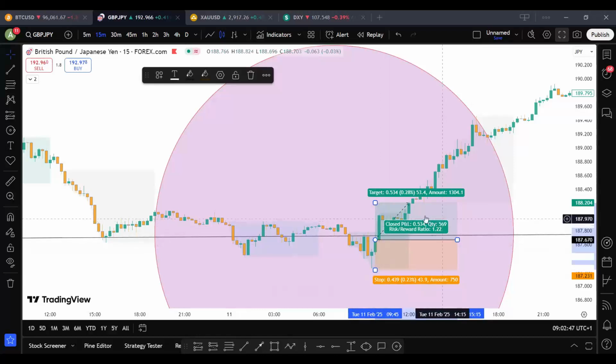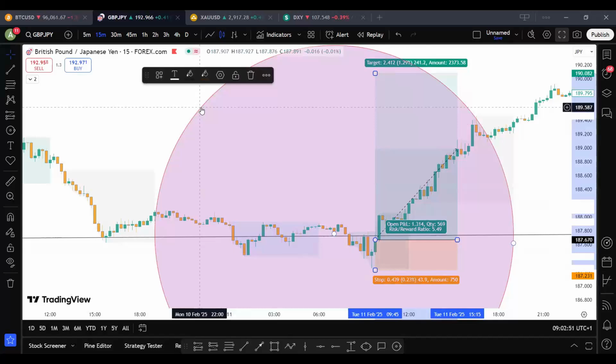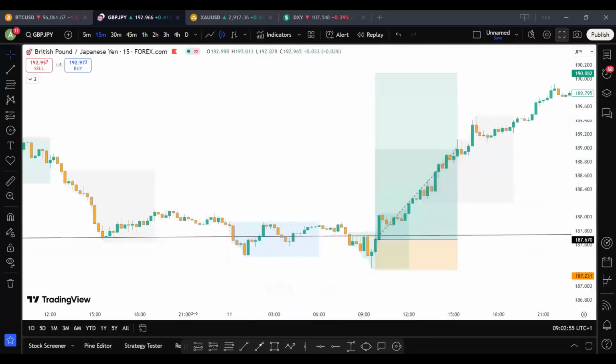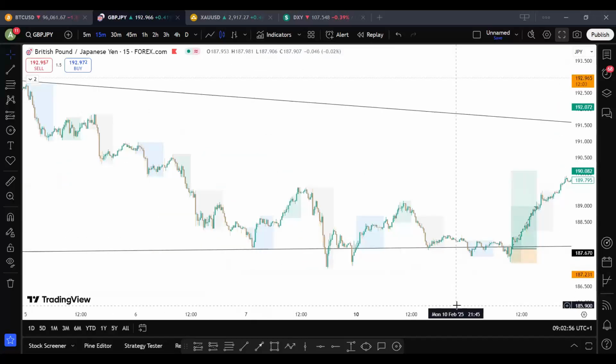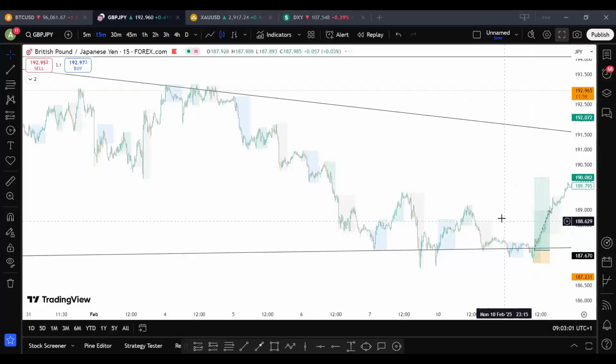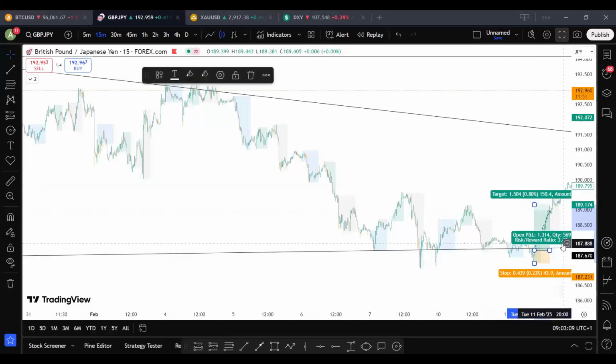Then take profit. Your take profit can be the next high, as long as it's up to 1:3 risk to reward. For me, I like 1:3 risk to reward. So your take profit, the next high, 1:3 risk to reward. So it's okay. Instead of targeting so high, unless your psychology allows you to be patient enough to swing it from there.